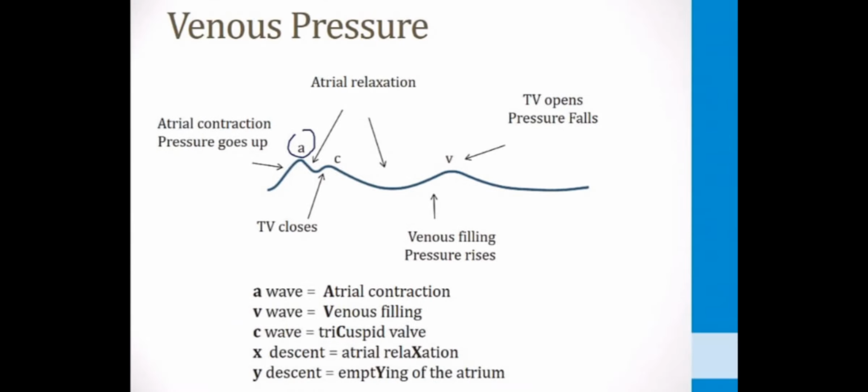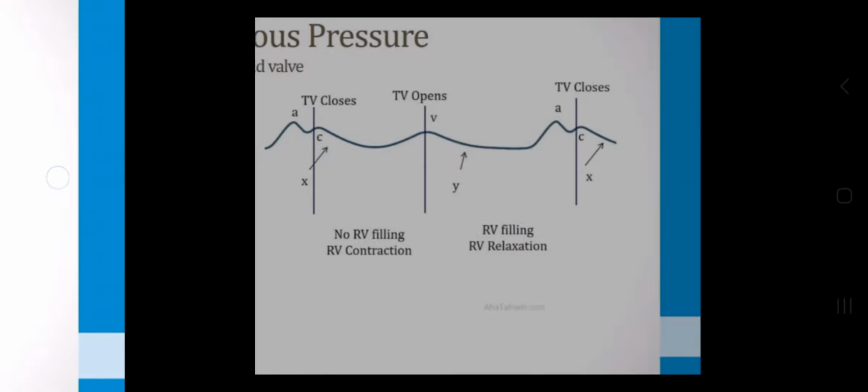Then we have A wave, C wave, V wave. A wave is atrial contraction, then V wave is venous swelling, C wave is tricuspid valve closing, then X descent is for atrial relaxation, Y descent for emptying of the atrium, and at V the tricuspid valve opens, so pressure will fall.